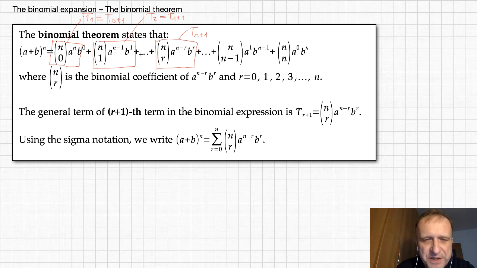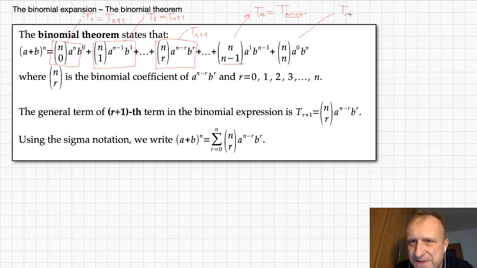Then there would be the third term, which would be expressed as T2 plus 1, which means that r would be 2 in it. This term is the nth term, Tn, which can be expressed as T(n minus 1) plus 1, and n minus 1 is actually here. And this one is the (n plus 1)th term.